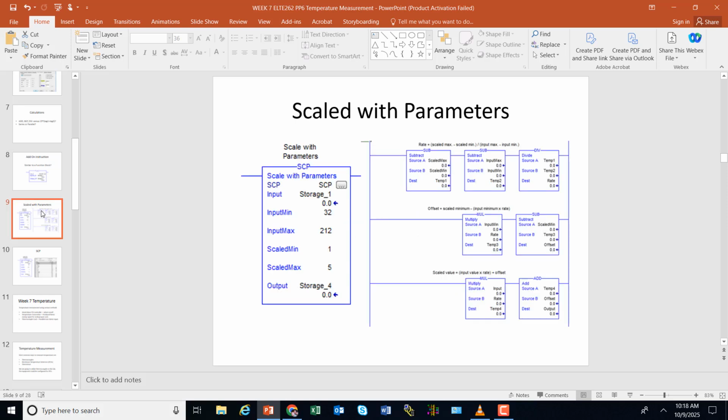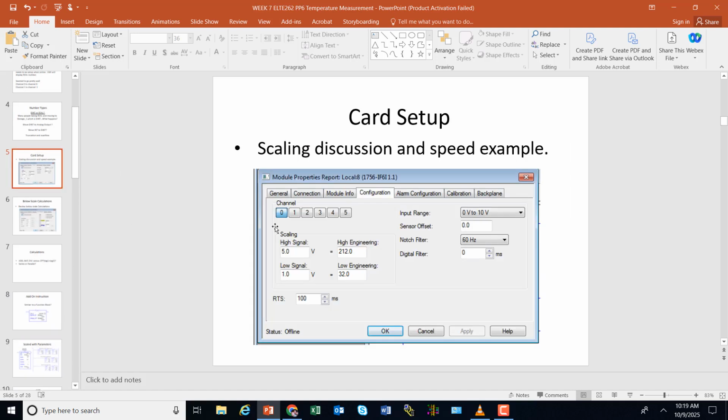We did the big one, scale with parameters, and this went well. As long as you put the right input min and max, scale min and max, it basically re-engineers, or reverse engineers, everything that this did. This thing took 1 to 5 and made it 32 to 212, but then we lost the voltage.